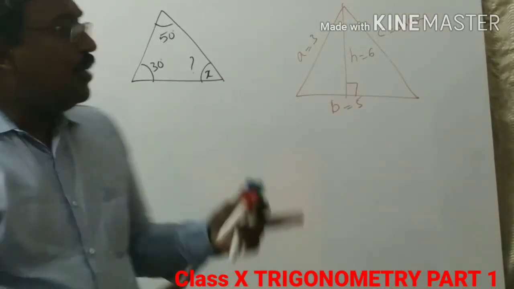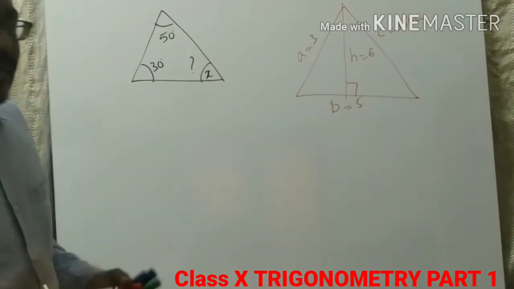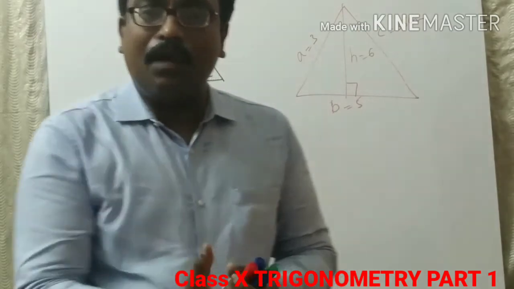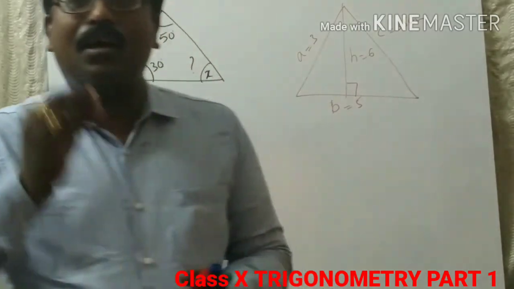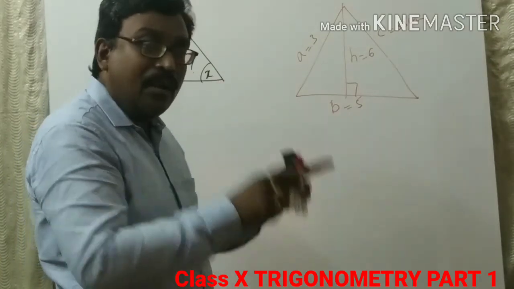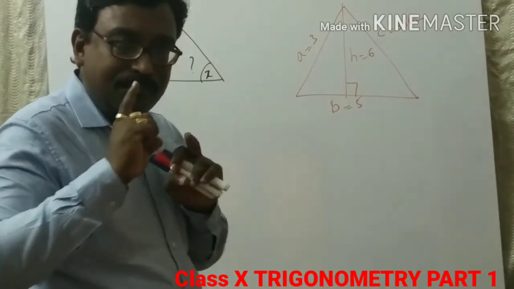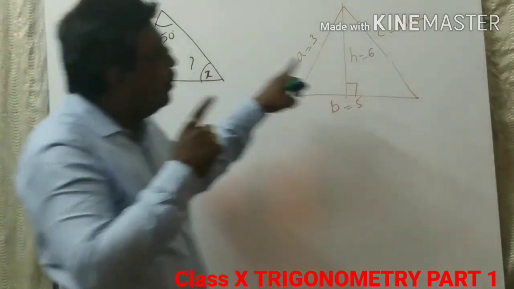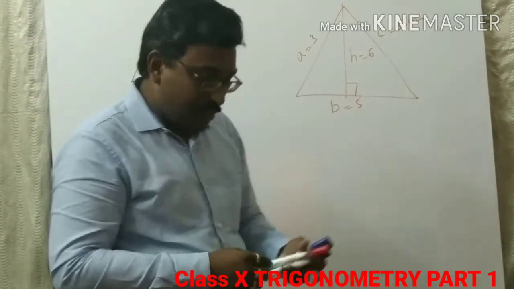Based on this we can find it. Usually you will have a chapter, a formula, a concept, whatever it may be, to find the unknown things. By using angles we can solve this, by using sides we can solve this.